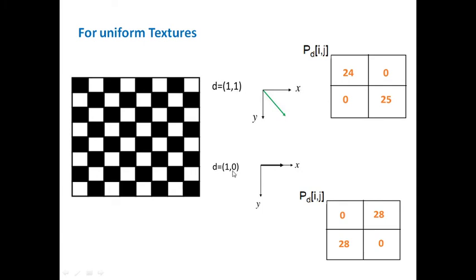Here d equal to 1 comma 0 is nothing but moving 1 unit to the right, and there is no need to move any units down because it is 0. So the pictorial representation for d equal to 1 comma 1 is this diagram, and for d equal to 1 comma 0 is in this manner. Here I am considering only 1 unit distance.